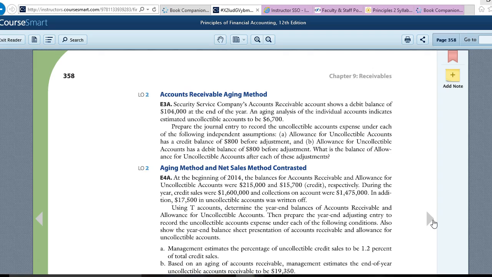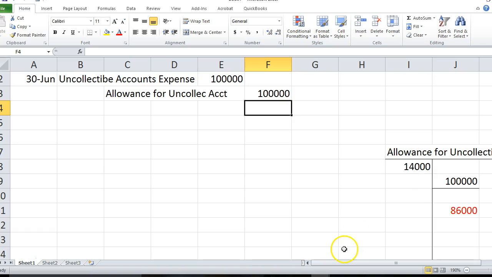The allowance for uncollectible accounts has a credit balance of $800 before the adjustment, and the allowance for uncollectibles has a debit balance of $800 before the adjustment. So we want it to end up at $6,700 here. That's what we want it to be.